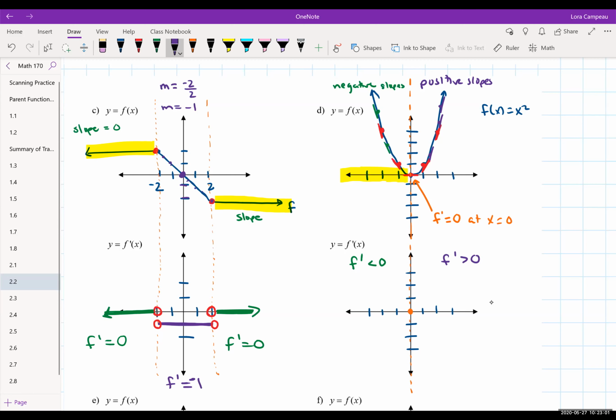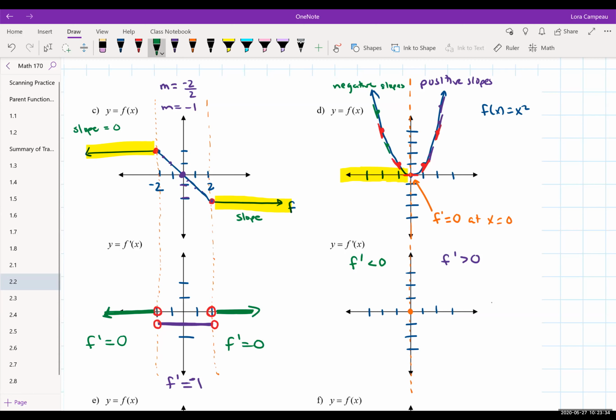So how does this translate to the graph? We're looking at what to graph as y equals. If I was interpreting this, on the left f prime is less than 0, which means your function should be below the x-axis. So we know we have a negative.